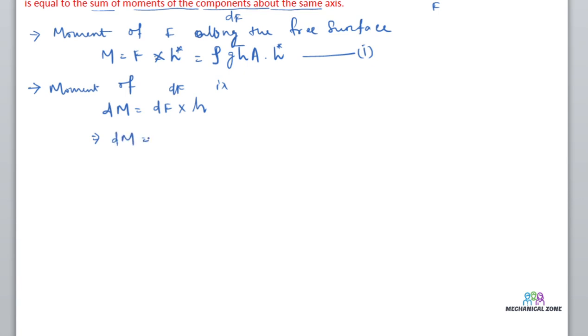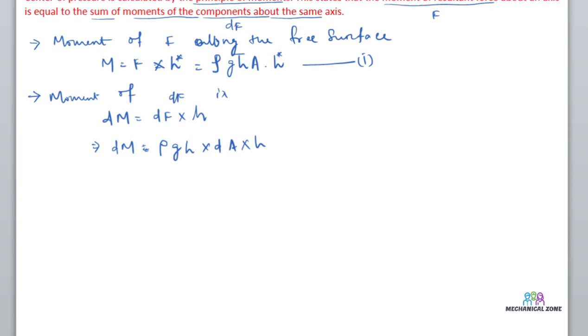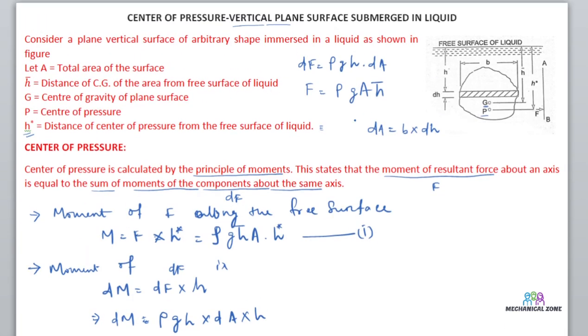dM is equal to the value of dF, which we have calculated in the previous total pressure force video, which I wrote in the beginning: rho g h into dA into h. You can see this, I have written that from the very beginning, rho g h into dA.